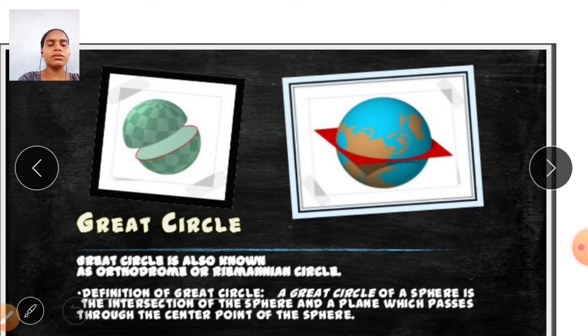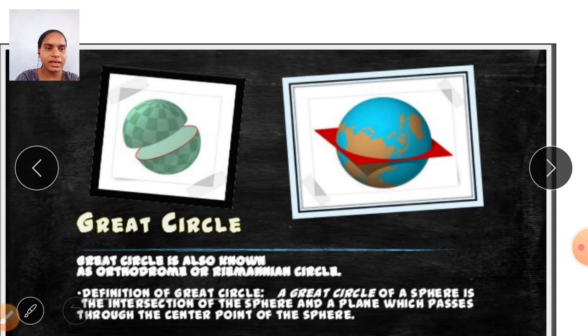In this also, the intersection of the sphere and the plane gives a circle. What is the great circle? The plane which passes through the center of the sphere gives the great circle.